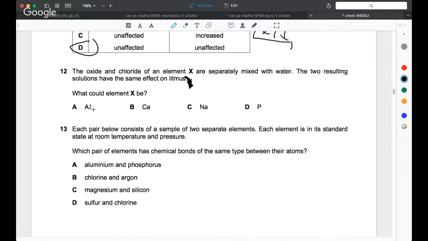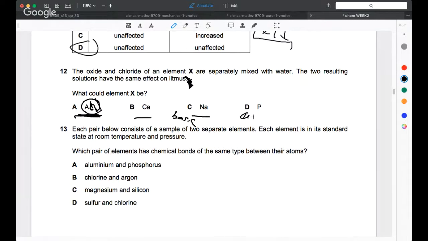So it can't be this one, because the oxide is basic. The oxide of aluminium could be basic or acidic, but it has basic properties. What about the chloride? Aluminium chloride is acidic. Calcium chloride is kind of neutral.